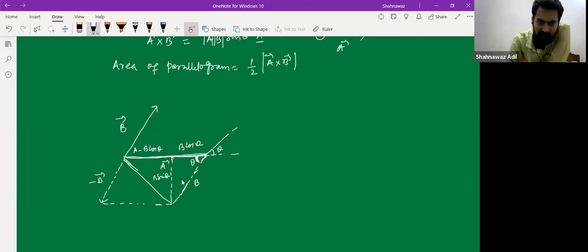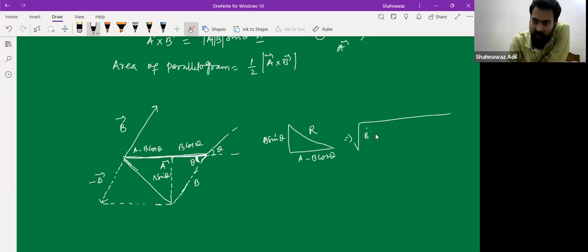So when you again use the Pythagoras theorem, this is the effective diagram, right? So the effective diagram is A minus B cos theta and B sine theta. So this is the resultant of subtraction. Again, if you solve, this would be B square sine square theta plus A square plus B square cos square theta minus 2AB cos theta.